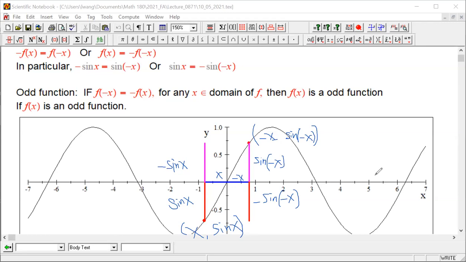You guys follow me? So one is the algebraic form, and the other one is the geometric interpretation.